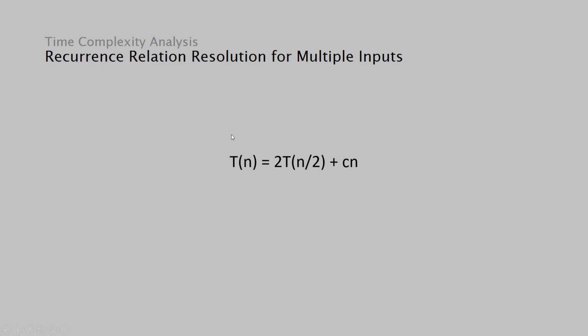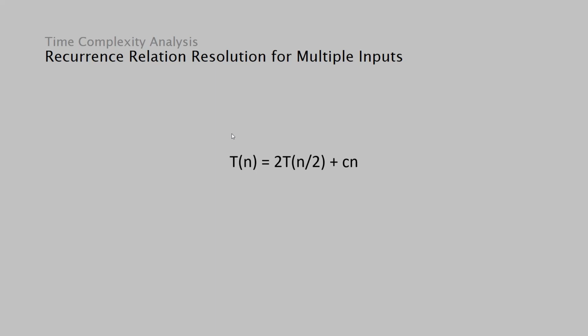You can see here that it has only one input, but when I started doing the course, I came across a problem where I had to consider a recurrence relation for two inputs, so I had to consider two arrays, and solving time complexity for a recurrence that has two different inputs can be a bit tricky.